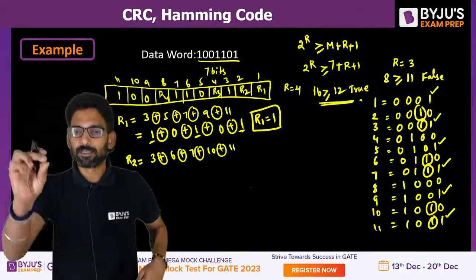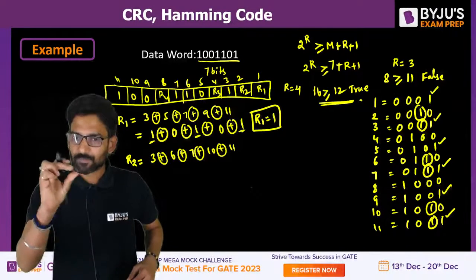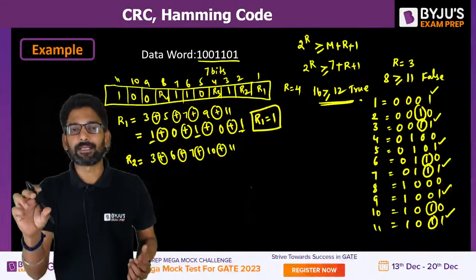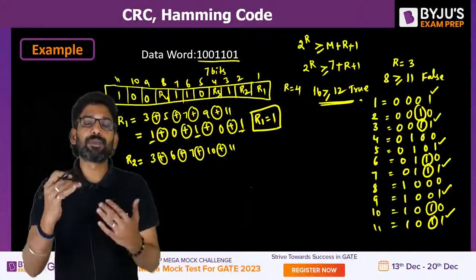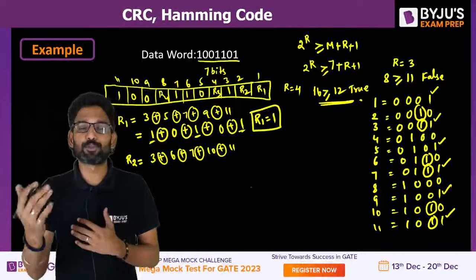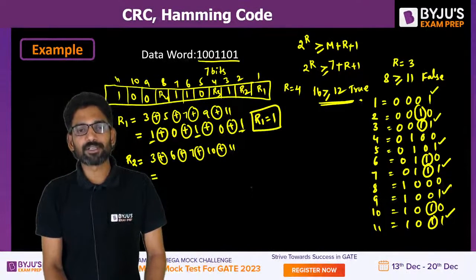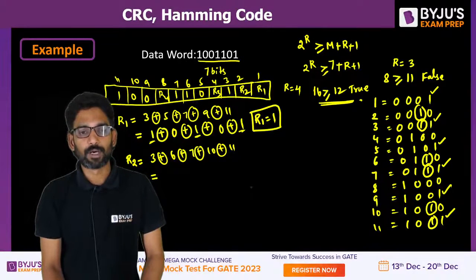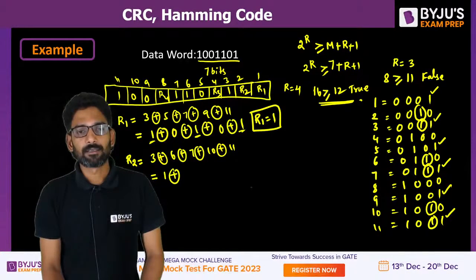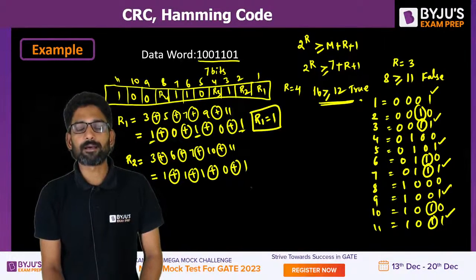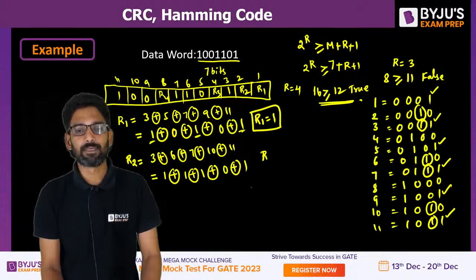This is what we have: 2, 3 checked, skipped 4, 5, 6, 7 checked, skipped 8, 9, 10, 11 checked. This is the meaning of check 1 bit, skip 1 bit, check 2 bits, skip 2 bits. Third position has 1, sixth has 1, seventh has 1, 10th has 0, 11th has 1. So now I have 4 ones, which is an even number. To keep it even, R2 should be 0.